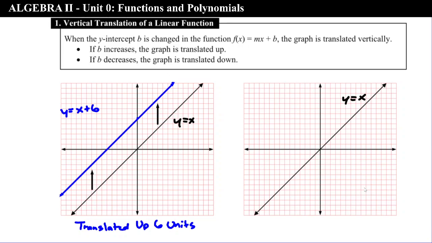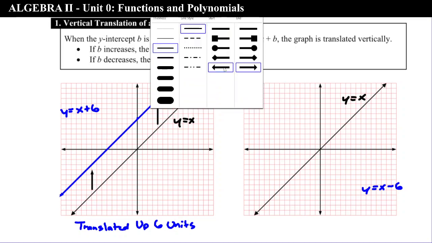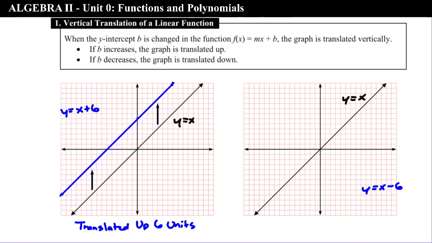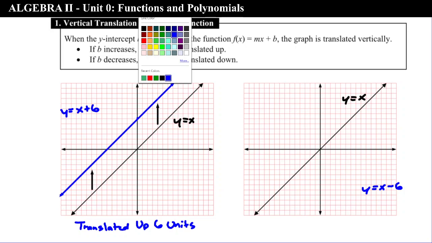So let's say we want to do y equals x minus 6. Okay, well, we can do that. And we're going to do that by going 6 units down on the y-axis.